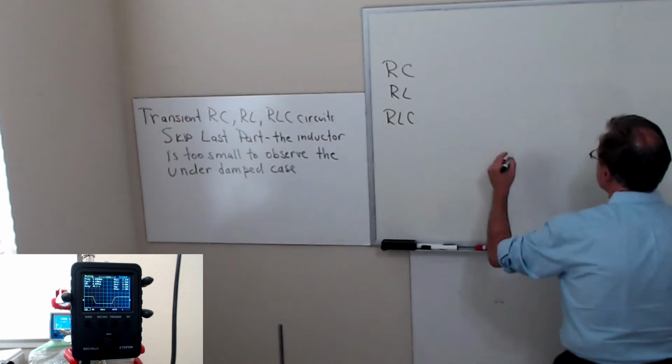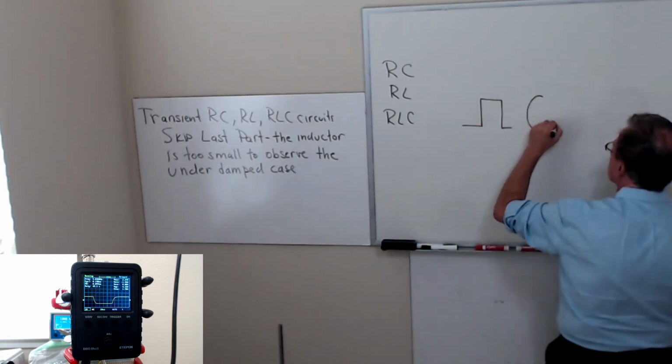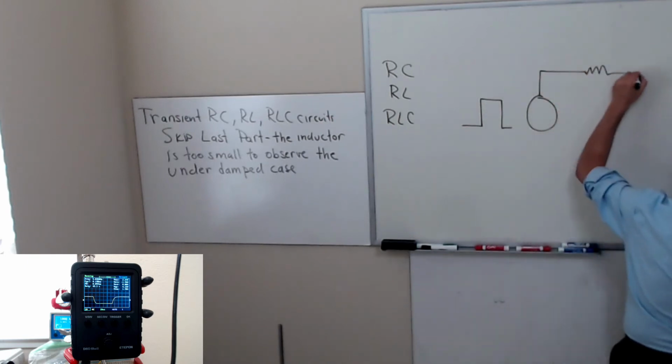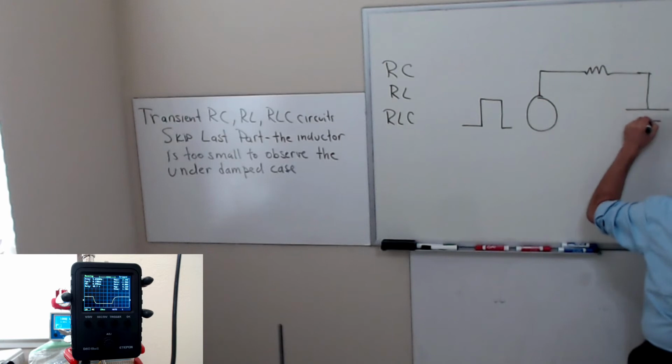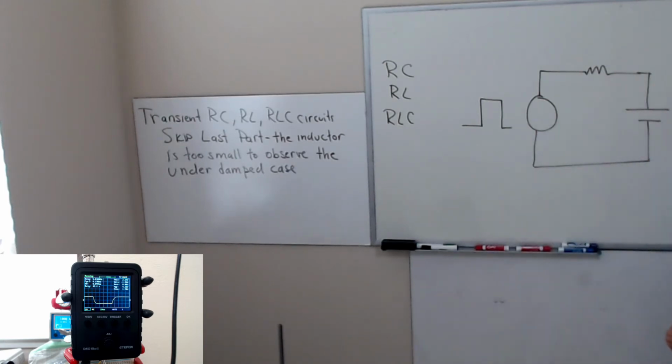So we'll use a power supply that's a square pulse. And we'll have a resistor and a capacitor, and you're going to hook up a scope to measure the voltage across the capacitor.